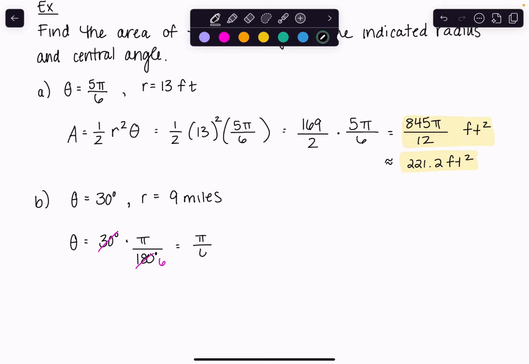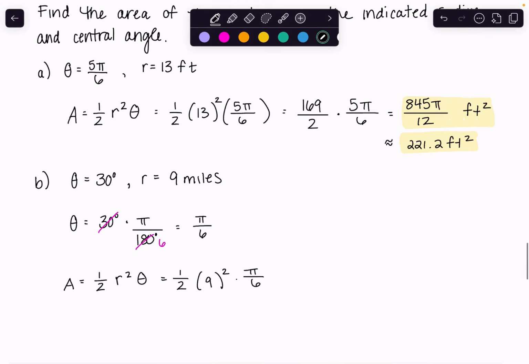So this angle in radians is pi over 6. So our area is 1/2 the radius squared times theta. Our radius is 9, and our angle is pi over 6. So 9 squared gives us 81.